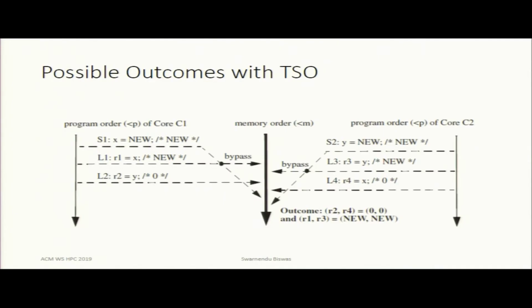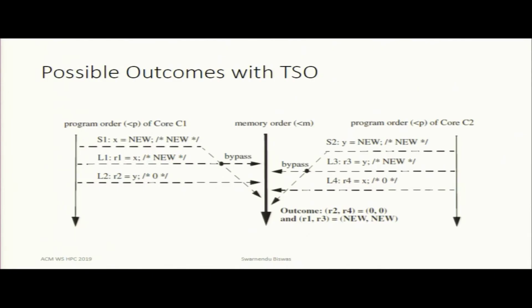Similarly, over here, store can get reordered to these loads, right? That is allowed. The only point that you need to be careful about is this guy is writing to X, this guy is also reading from X. So at least you need to be correct in terms of your dependence in program order. Just because your store got reordered does not mean that this read of X can return any arbitrary value. This is also called bypassing.